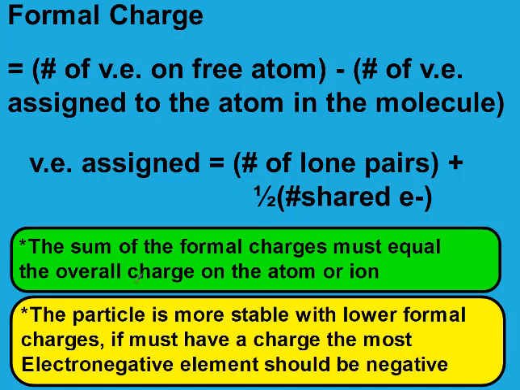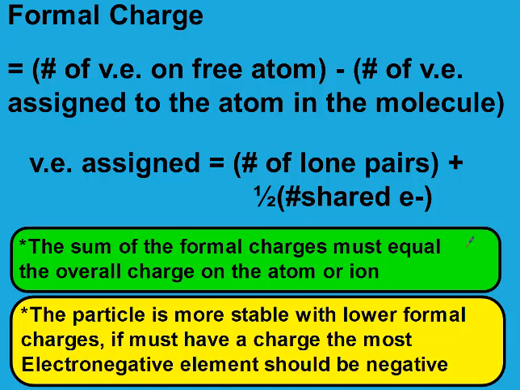Two things that you need to have for a good formal charge: the sum of the formal charges must equal the overall charge on the atom or ion, and the particle is more stable with lower formal charges. If it must have a charge, the most electronegative element should be the one that's negative.